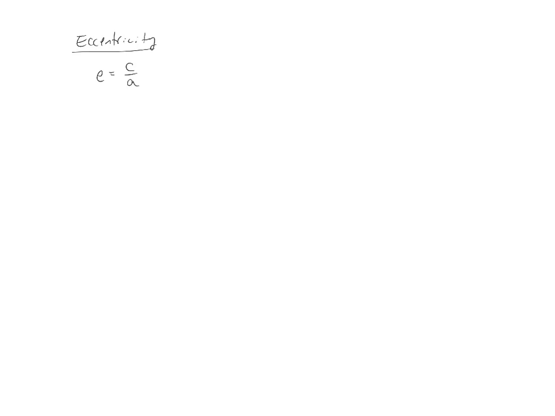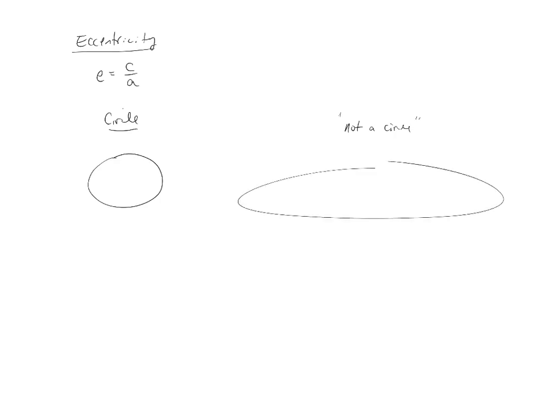Now, we'll consider the two most extreme cases. I'll look at a circle, which, like I described before, is almost like a perfect ellipse. And then we'll talk about something that is most definitely not a circle. That's going to be something that's really kind of oblong and oval shaped. Now, when you talk about the foci, for something that's definitely not a circle, the foci are going to lie really, really close to the outside edge.